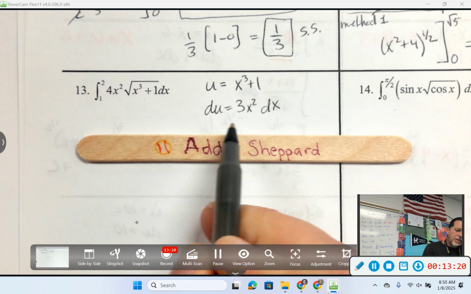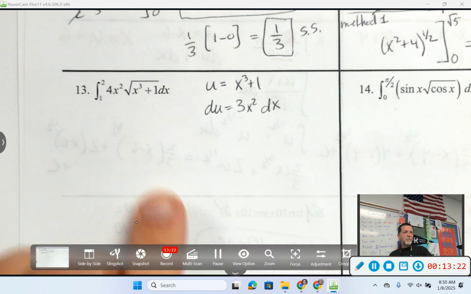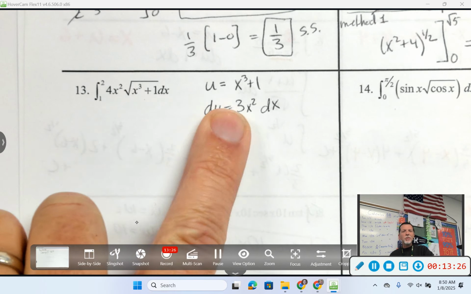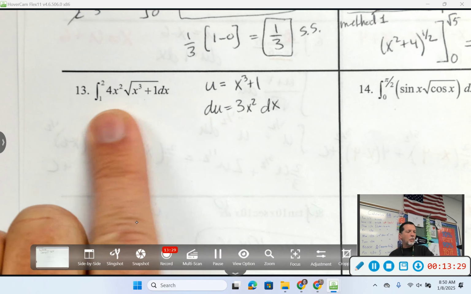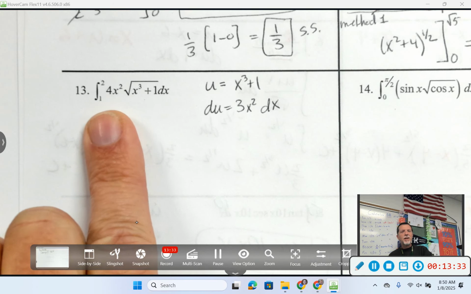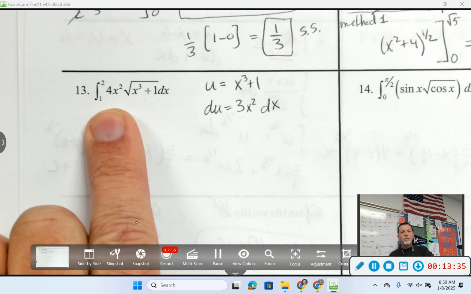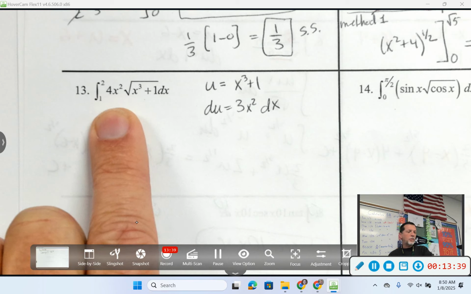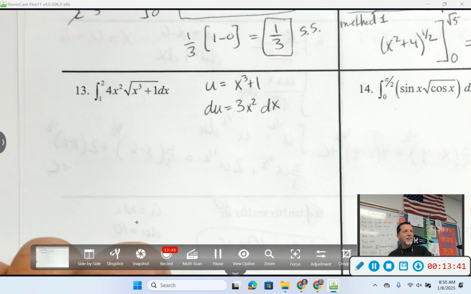So now I would say Kenneth's pick was good because I've got an x squared there. 4s and 3s. What do you want to do to make that work? This is why I didn't let you do this one on your own. How do you want to turn that 4 into a 3? 4/3. 4/3 on the outside.